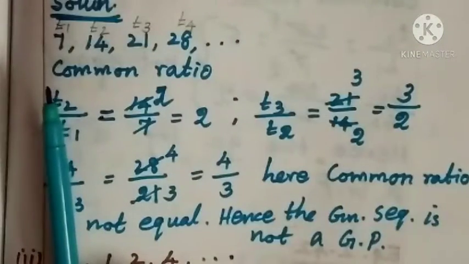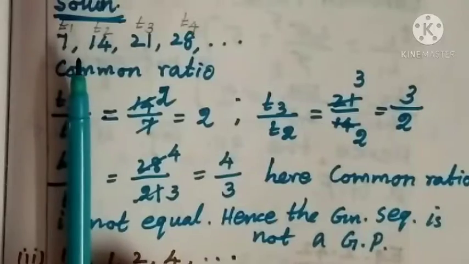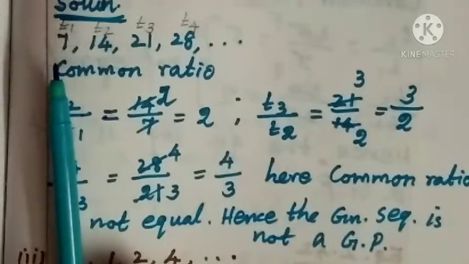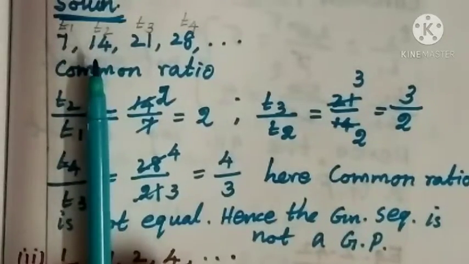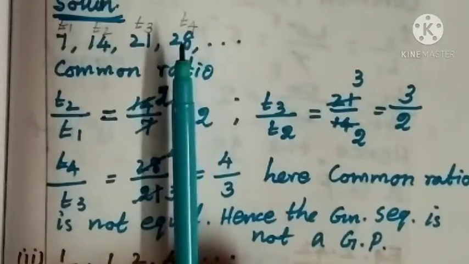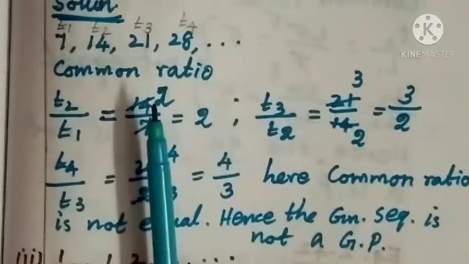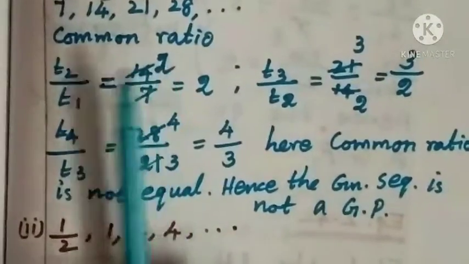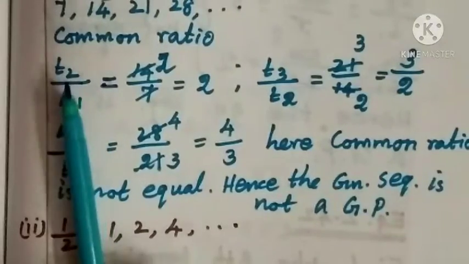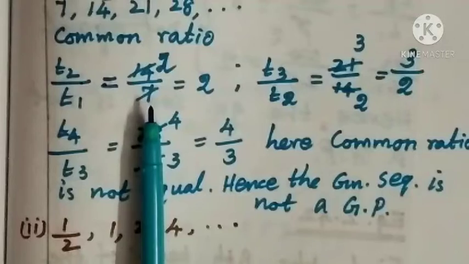First you write down the given sequence: T1 is 7, that is the first term 7, second term T2 is 14, third term T3 is 21 and fourth term T4 is 28. Let us find the common ratio. T2 divided by T1 is equal to 14 by 7.